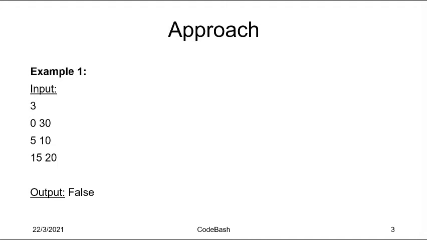Let's go to the approach that we will be following for the solution. Here we have our basic example input that was also in the question. To think about this, you can consider the following visualization. Here we basically have three planes, and the arrival and departure times are given.